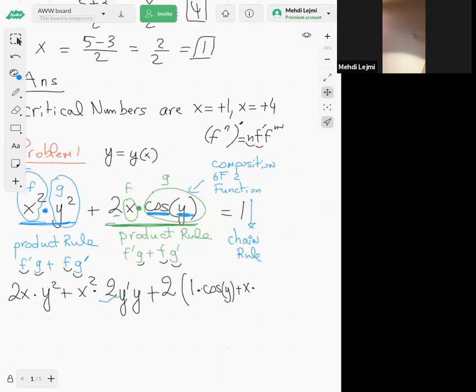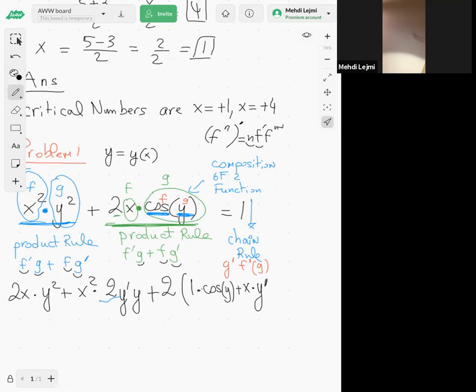So what's the chain rule? Well, let's say, I'm going to use a different color, this is f. f is cosine, f of g. The g is y. So then the chain rule would be g prime times f prime of g. So g is y, then g prime would be just y prime. What's f? f is cosine, I'm talking about the red f.